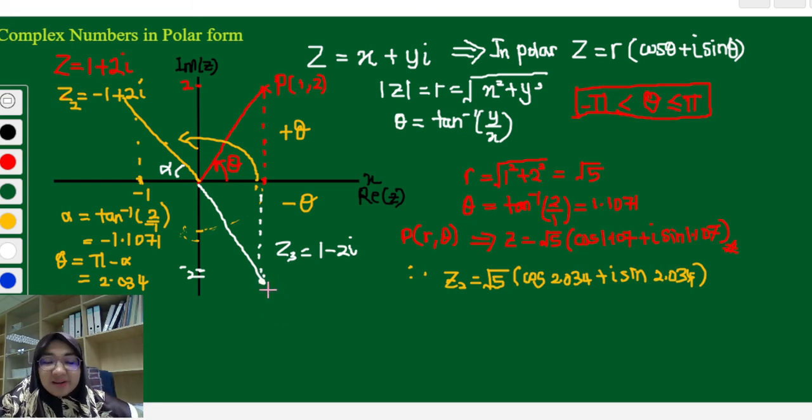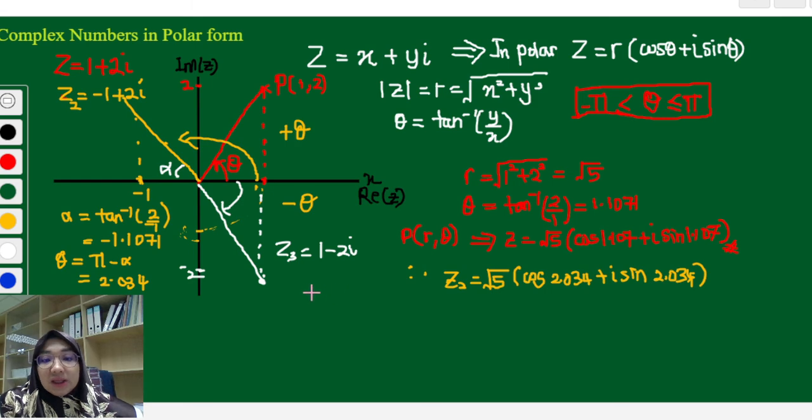Apa yang kritikal dia adalah untuk cari argument. So macam saya cakap tadi mula-mula, bila you baca anti-clockwise, the argument will be positive. And then when you baca clockwise, it will become negative lah. Okay, so negative theta.